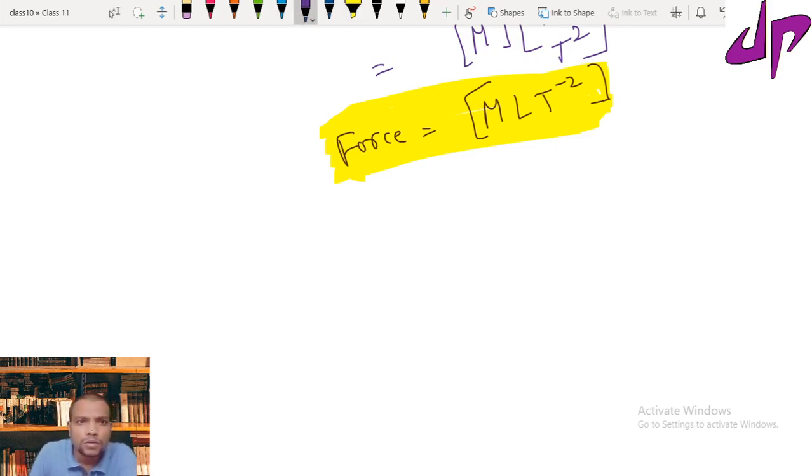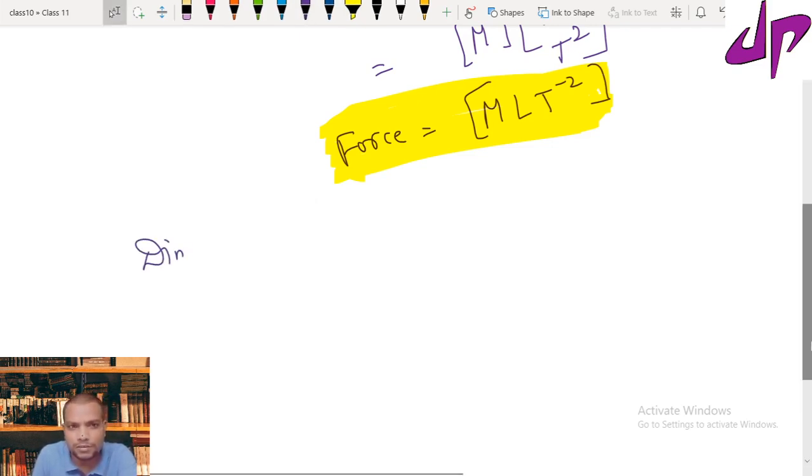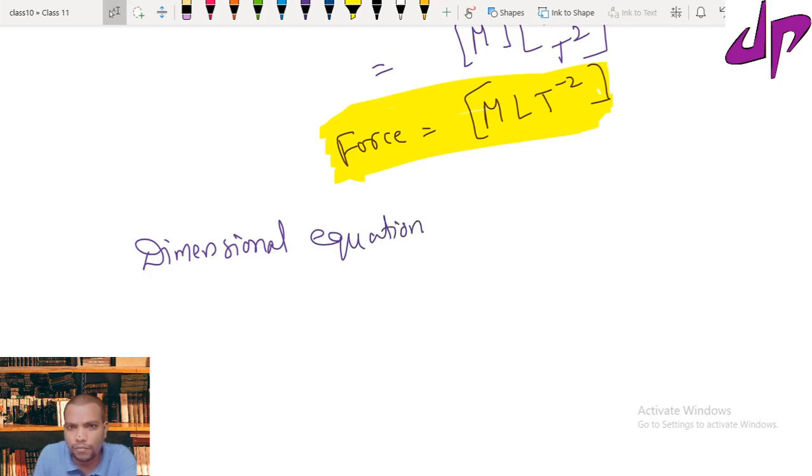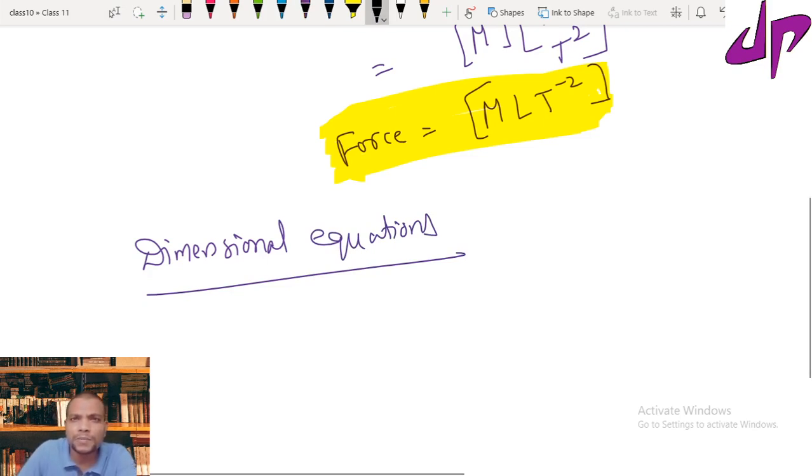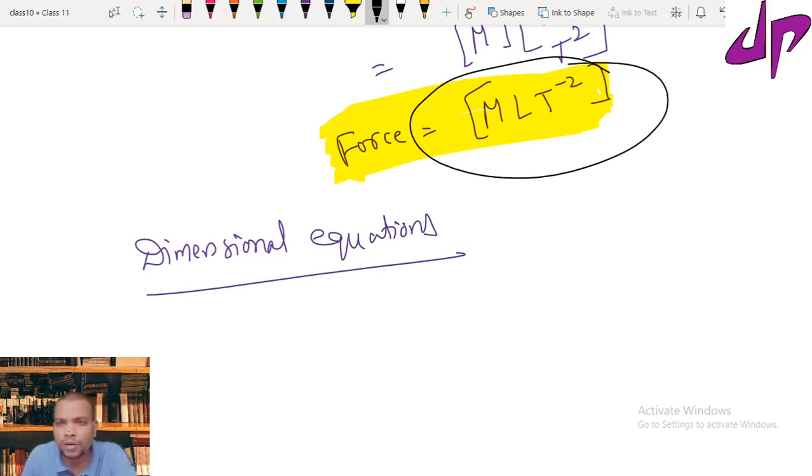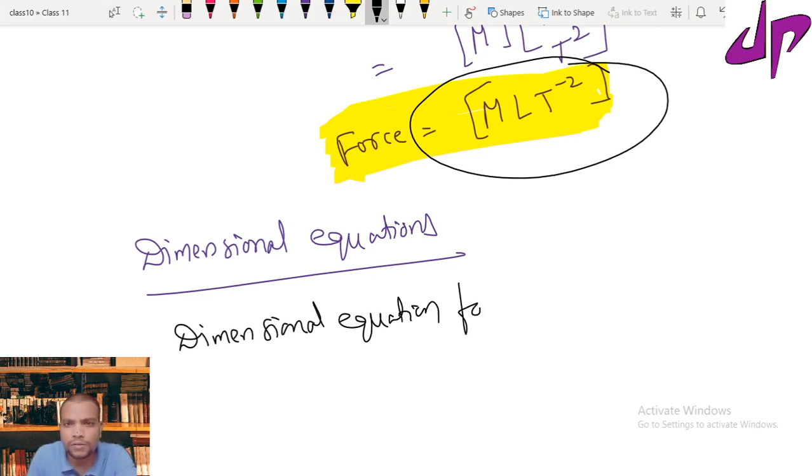These dimensions we can represent in terms of dimensional equations. Dimensional equations are nothing but the way we represent this together. Suppose we write the dimensional equation for volume.